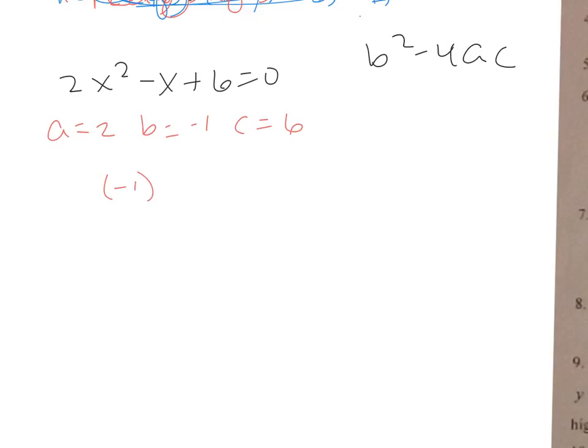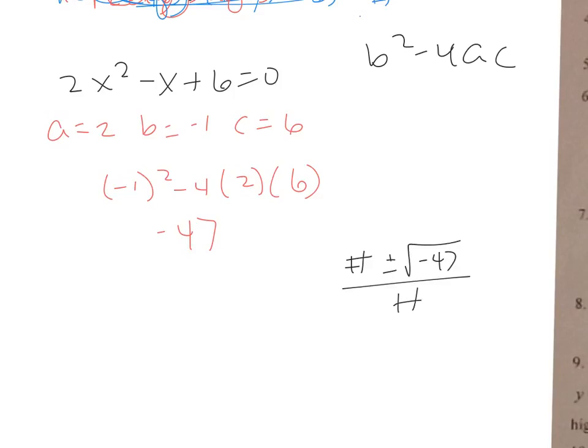So I have negative 1 squared minus 4 times 2 times 6. Just plug it all into the calculator all at one time. I get negative 47. Think of it, number plus or minus the square root of negative 47 all over number. This one's easy because when you have a negative underneath the radical, that is imaginary. They are not real. They are not on the number line.